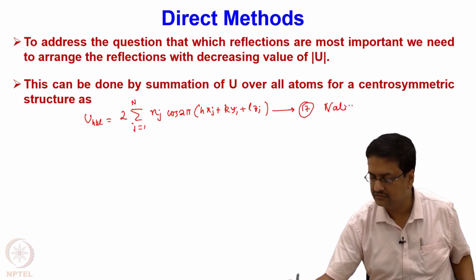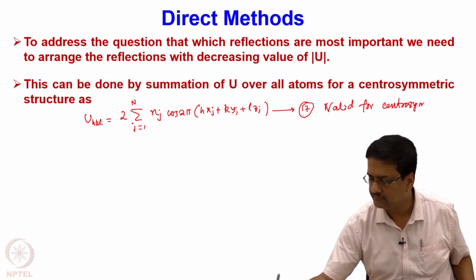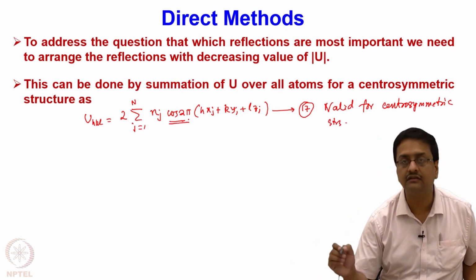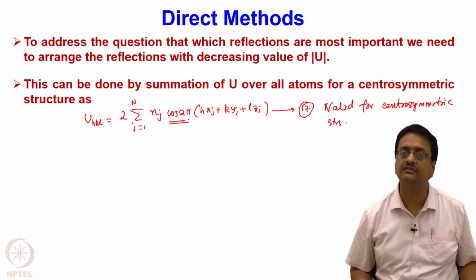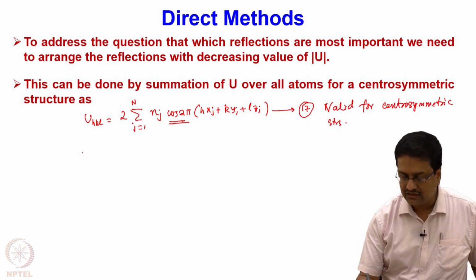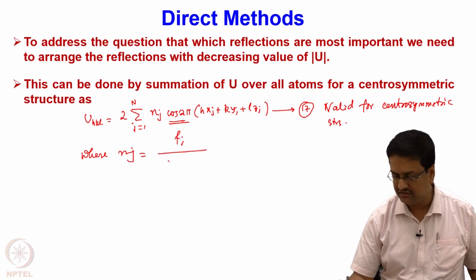This is valid for centrosymmetric structures. You have only one cos term that is valid for centrosymmetric structures only, where we can also write nj is equal to fj divided by sum over j equal to 1 to n fj.